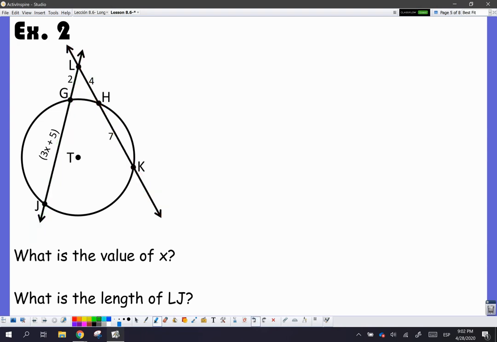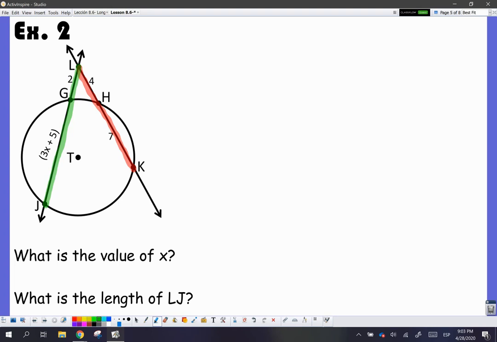But if I want the segment, then I'm not going to highlight the entire thing. I'm just going to highlight from where they intersect to the end of the secant. In other words, when it's coming out of the circle. So there's one of my segments, and here is the other segment.